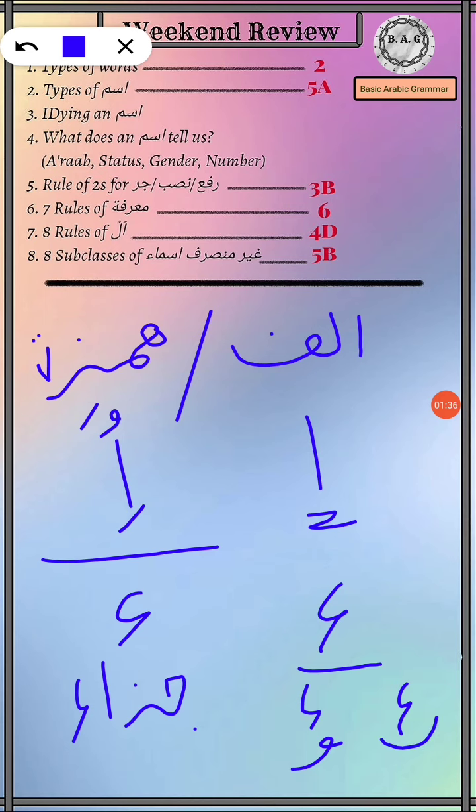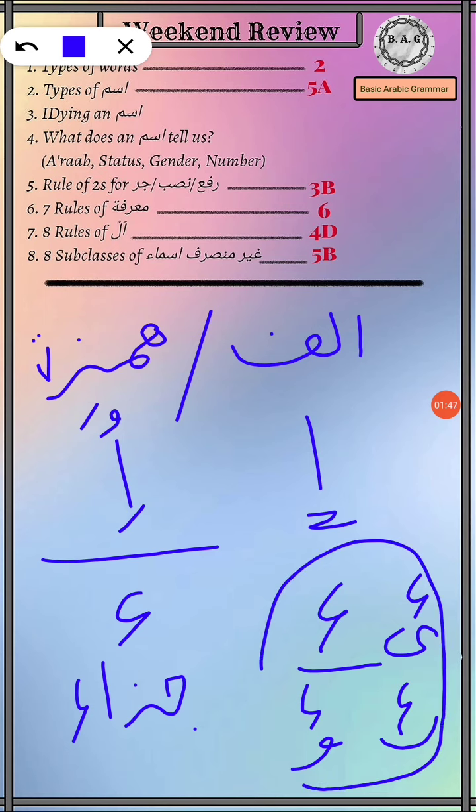Similarly, it could also be on top of yaa. Okay, so all these are situations where we can say that the hamza needs a support. Alright, so that's just an easy way to remember this concept. That's it.